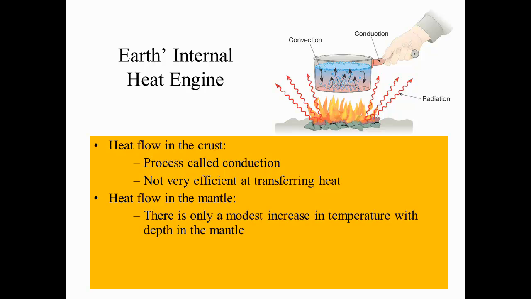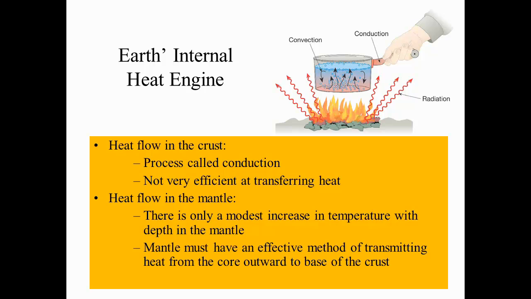On the other hand, for heat flow in the mantle, there is only a modest increase in temperature with depth, as shown by that geotherm. And as a result, the mantle must have an effective method of transmitting heat from the core outward to the base of the lithosphere. And that method of heat transfer is likely convection.